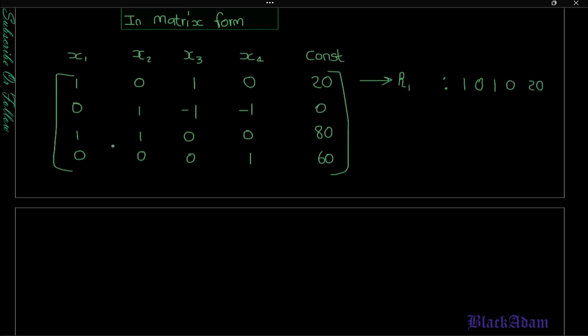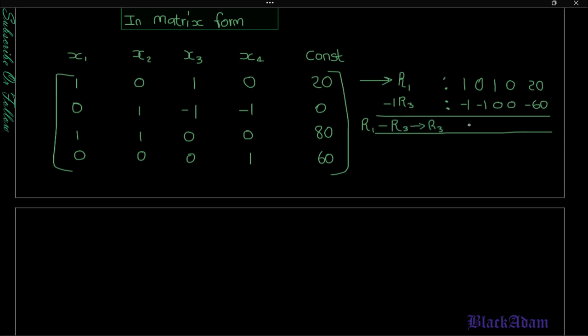And then row 3, because we need to subtract and add, we take minus row 3, which will be -1, and that will be -1 also, and then 0 0, and the constant not -60. Actually, we have row 1 plus row 3.